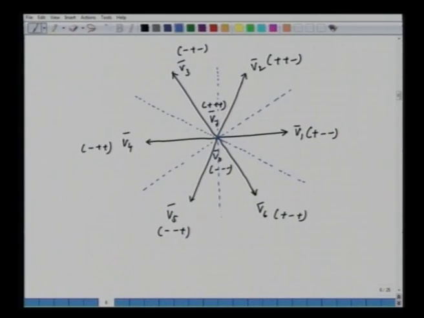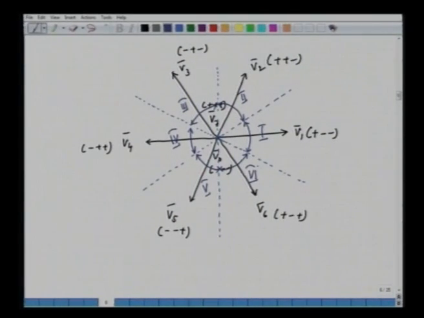What we are trying to do here is divide the entire space into 6 different sectors. This is our sector 1, this is sector 2, this is sector 3, sector 4, sector 5, and we have sector 6.